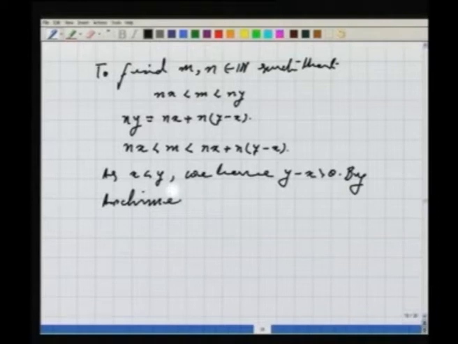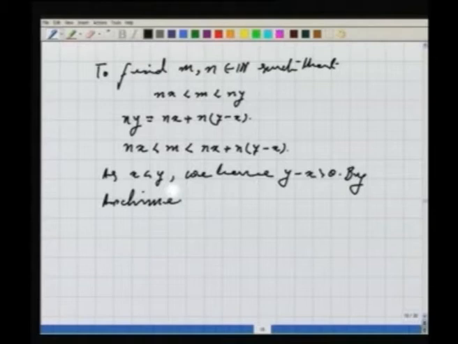Correct, because y minus x is a positive number, 10 is a given real number, then by the statement of Archimedean property there is a natural number n such that n into y minus x is bigger than 10. But this in turn implies that nx plus n(y minus x) minus nx is bigger than 10.